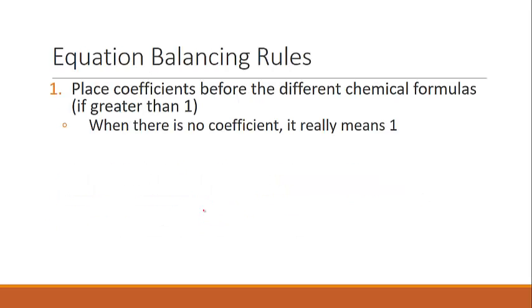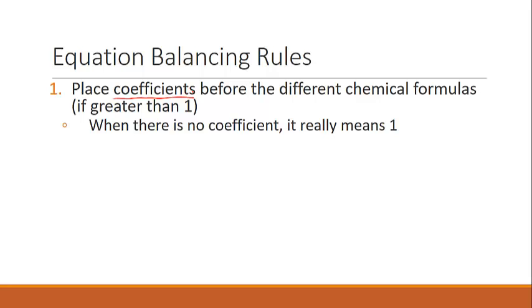So balancing equations is actually quite simple when we look at the rules. Essentially, there's one rule. The only thing we can do when we balance equations is that we can place coefficients, so those are the big numbers, in front of the chemical formulas to reach equal numbers of each type of atom on both sides of the equation.